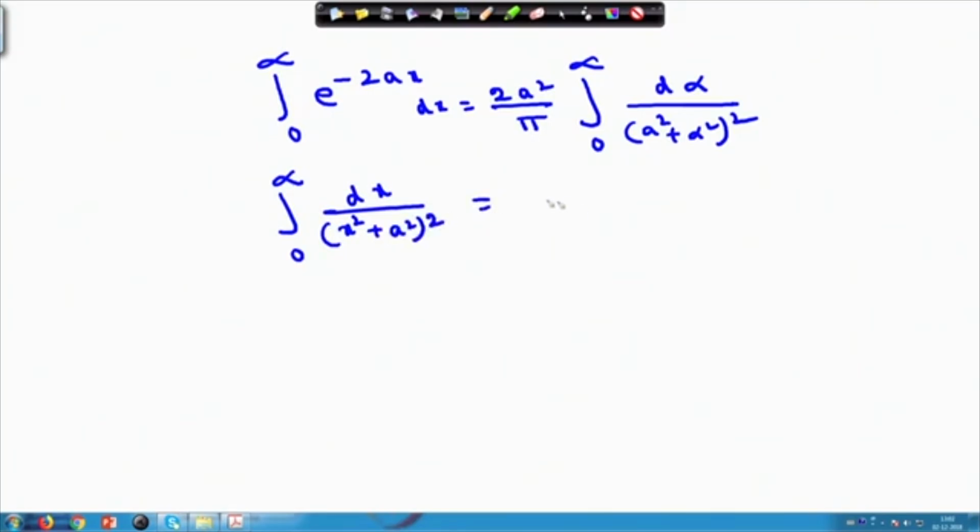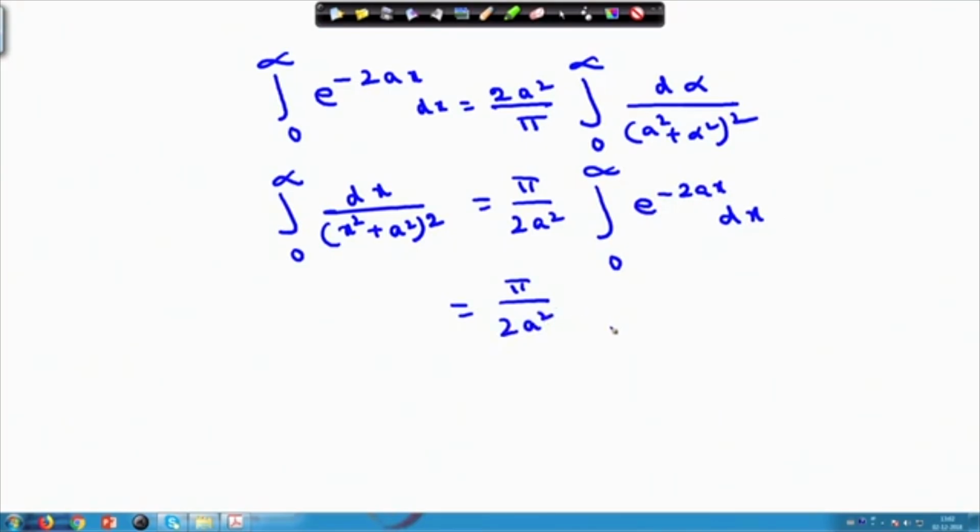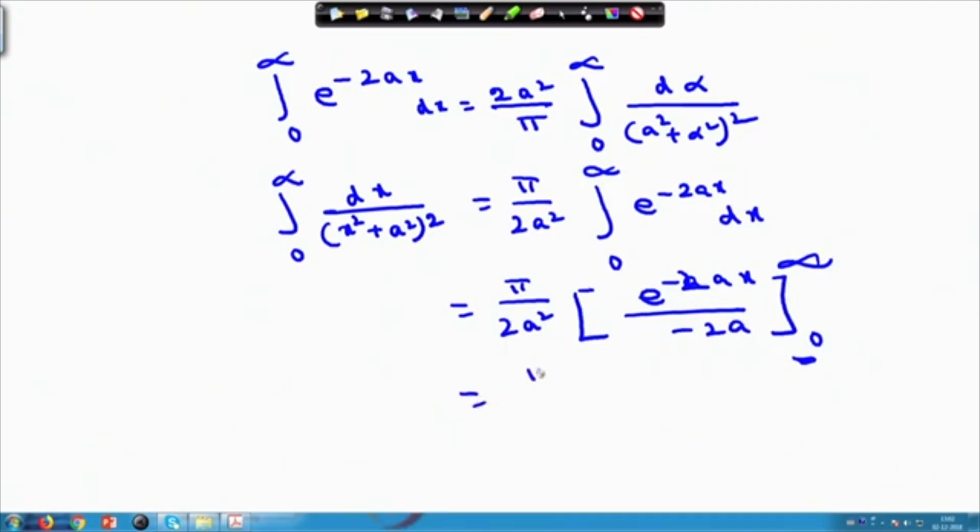dx by (x square plus a square) whole square. This is equals to, then it becomes pi by 2 a square, integral 0 to infinity e power minus twice a x dx, whose value I can find out very easily, pi by twice a square into e power minus twice a x by minus twice a x varying from 0 to infinity, and if I put the values, it will become pi by 4 a cube.